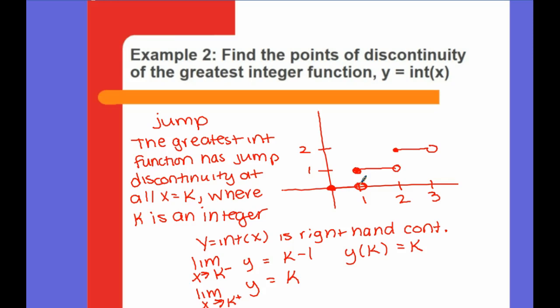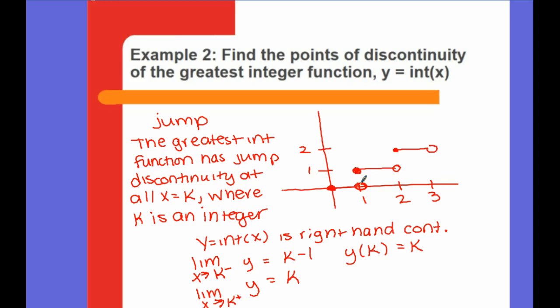Remember, we use k to represent an integer. So there would be jump discontinuity at all x equals k. You're going to have one at 1, 2, 3, 4, 100, 1,000,000. All of them are going to have jump discontinuity.